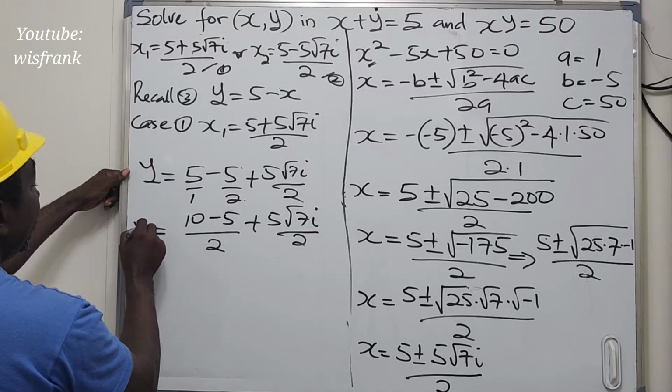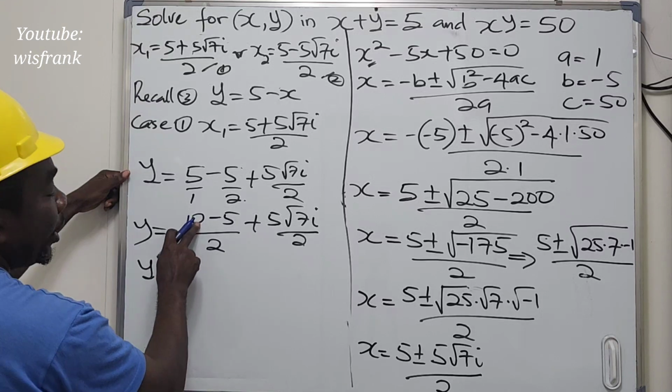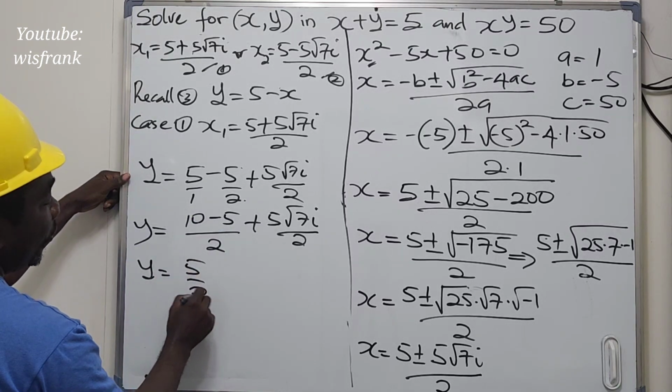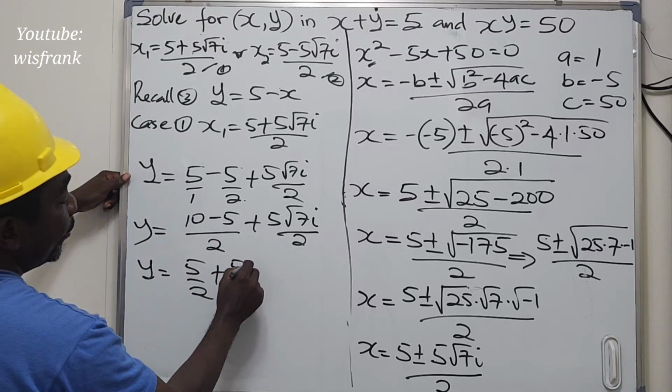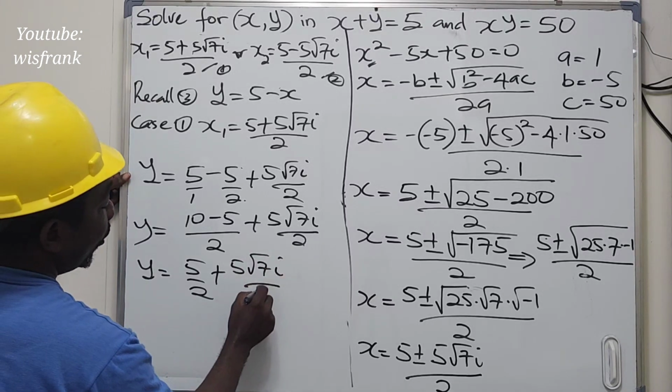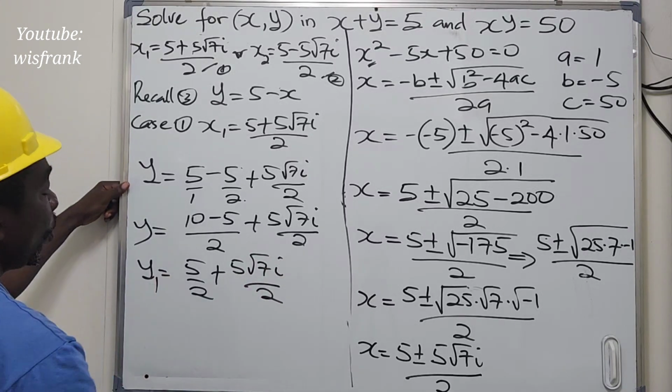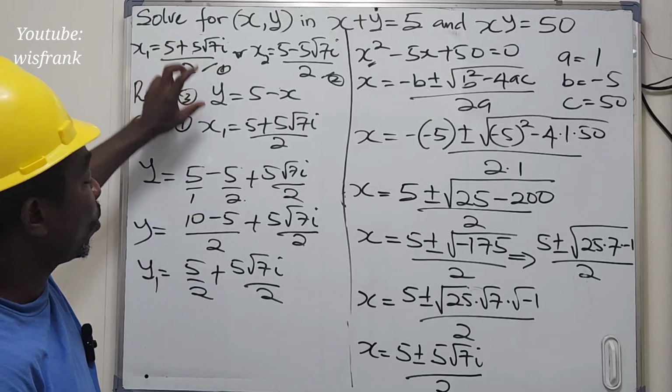So the value of y equals 10 minus 5 is 5 all over 2 plus 5 root 7i all over 2. So this is the y1 of case 1 that we have.